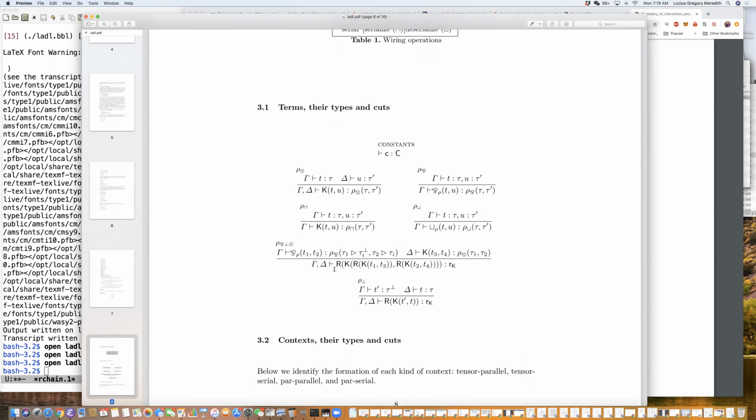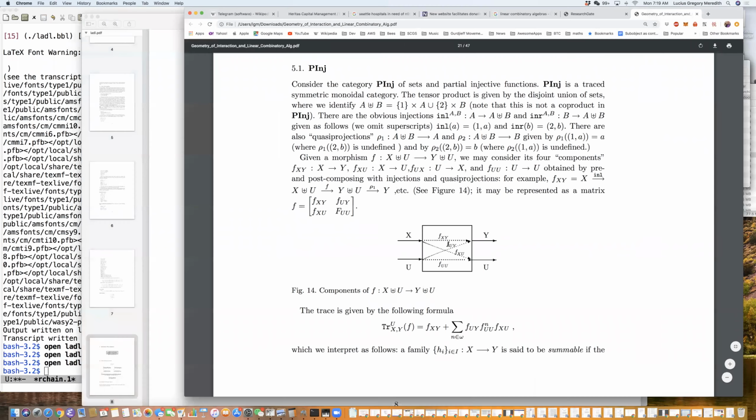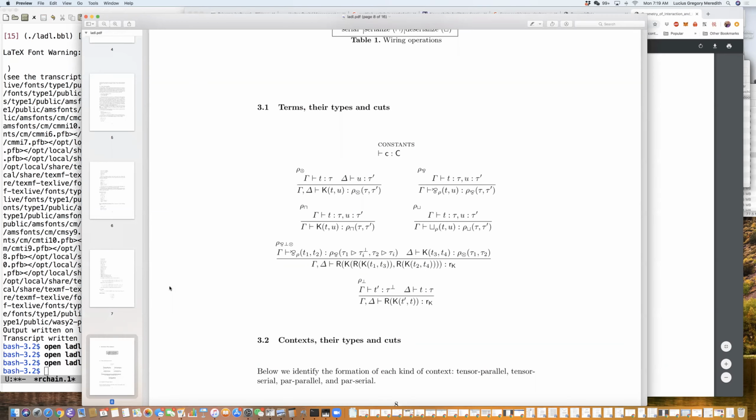The atomic arrows are the f of x to y components, and then the composite arrows potentially have this interior computation going on, right? So if the arrow inside is really going from A to B to C to D to E, and we would just want to look at the A to E behavior, we have to worry about the internal behavior.